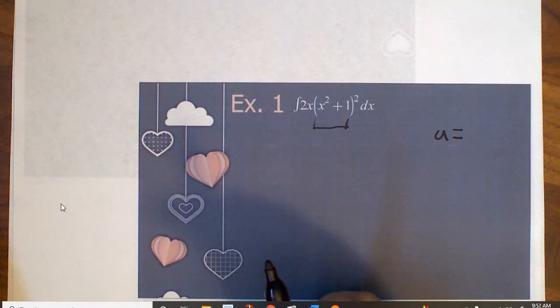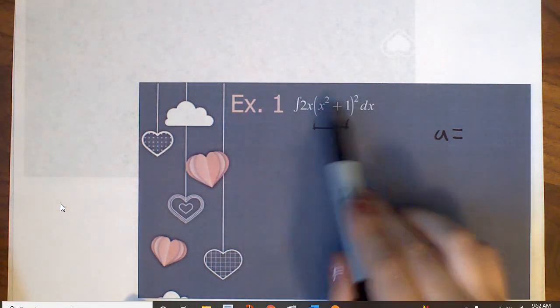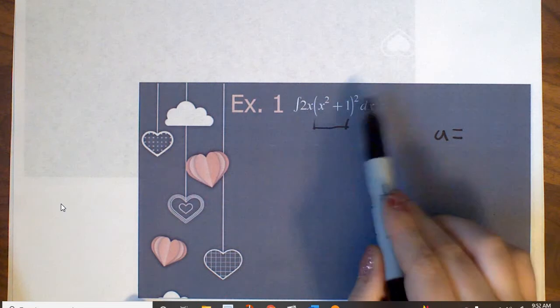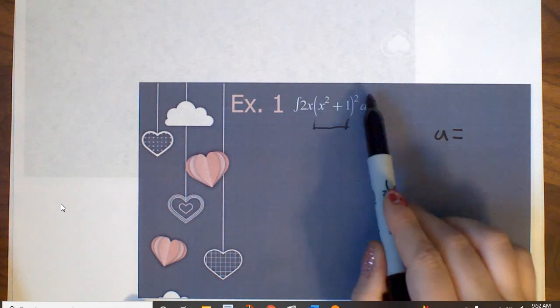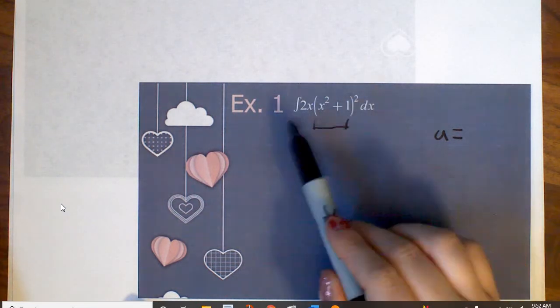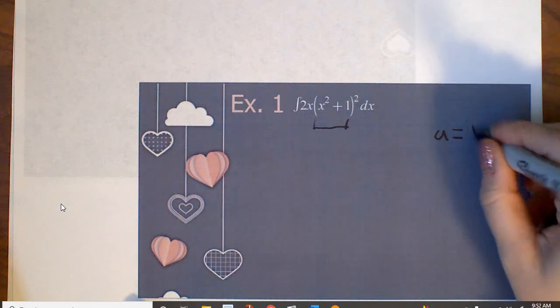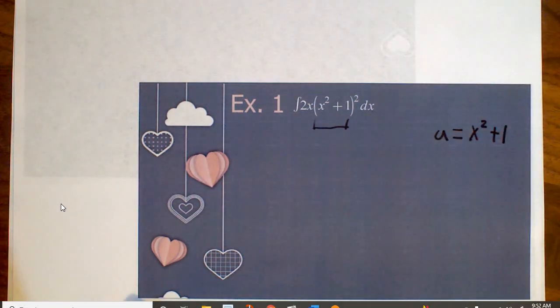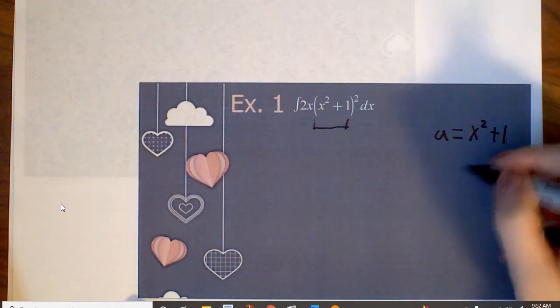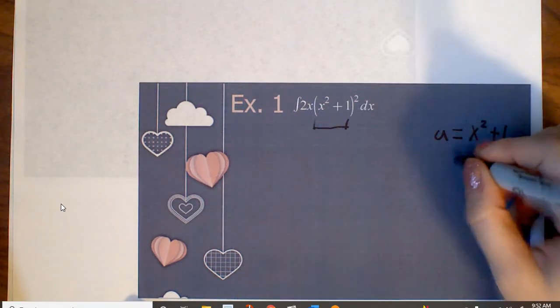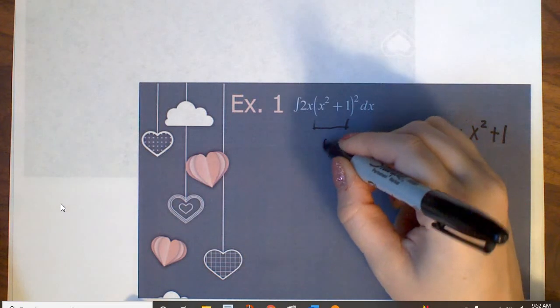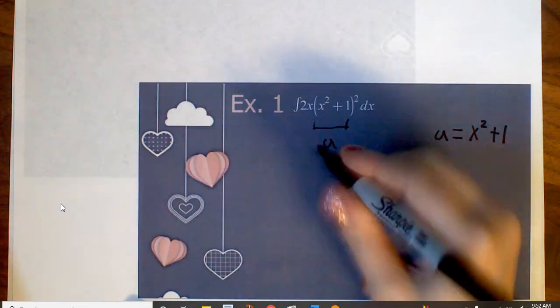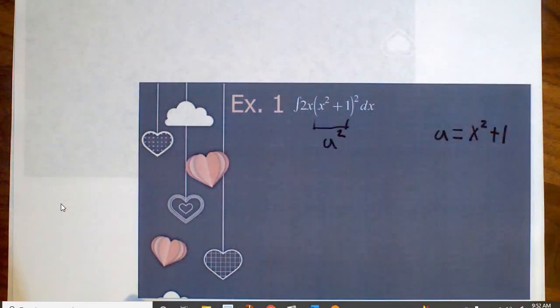But in general, you're going to want to use whatever's on the inside of the outer function. So my outer function is a squared. The stuff on the inside is x squared plus 1. So that's what my u is going to be. So this right here is going to become u squared.